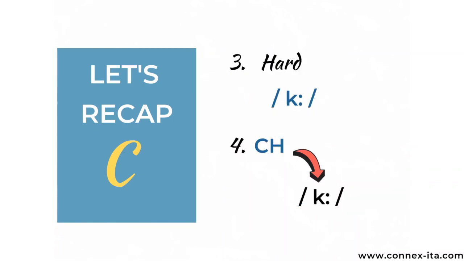While in all the other cases, this letter gets a hard sound, so you say it as a K, k, k. Finally, remember that when followed by an H, the letter C will always get a hard sound, like in the words chiesa or chiaro.